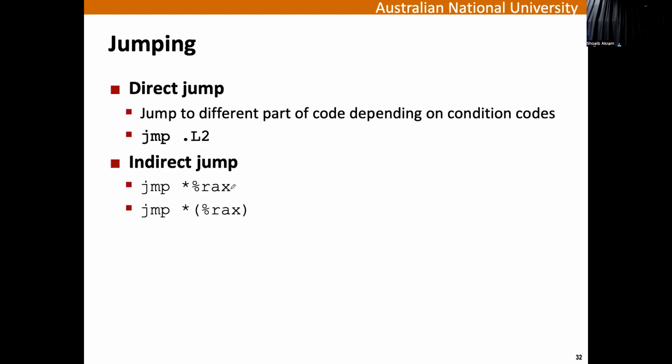A direct jump is where there is no condition involved. So a direct jump to .L2, think of it as a label. A label is like an address in memory. Typically, we jump to labels or to memory addresses, memory locations where what is stored?